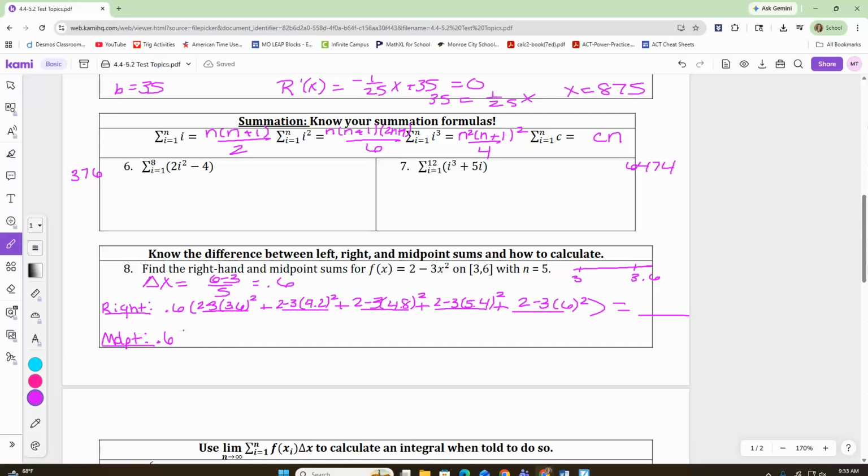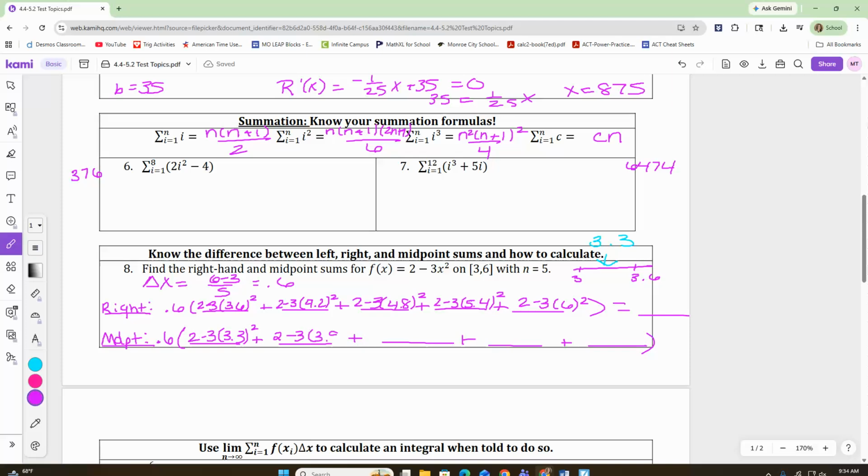Our midpoint. So same startup, we're adding up 5 things. The first one we plug in, though, is the middle. What is halfway between 3 and 3.6? So that's the first one we plug in. So 2 minus 3 times 3.3 squared. And then we still go up by 0.6 every time.